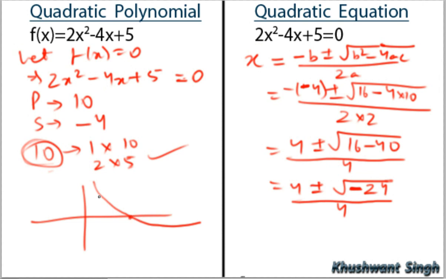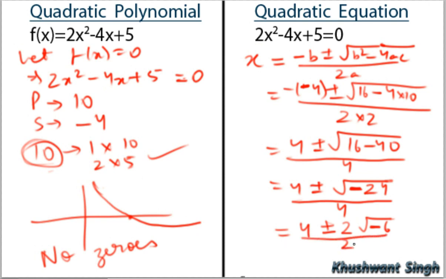If we talk about the polynomial zeros, then we will say that we will not get any zeros, no zeros. But if you talk about the roots, you are still getting two roots. You can still solve it further. You can take 4 common out, and when you take 4 common out, you will get only 2 outside, whole divided by 4, and simplifying, x equal to 2 plus minus root under minus 6, divided by 2.